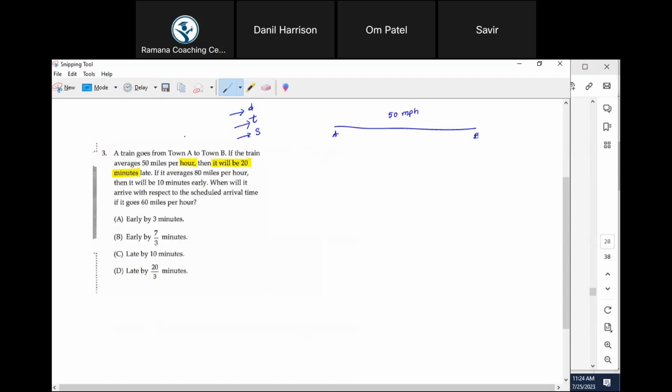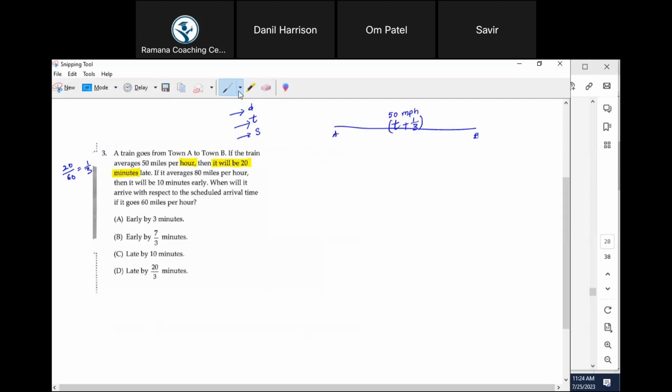You divide by 60. So 20 over 60, it is late by 1/3 hour. Are you okay with that? So that means I can say the time it took is t plus 1/3 hour. Good with that, everyone? T plus 1/3.